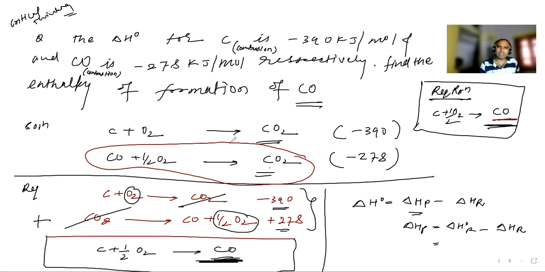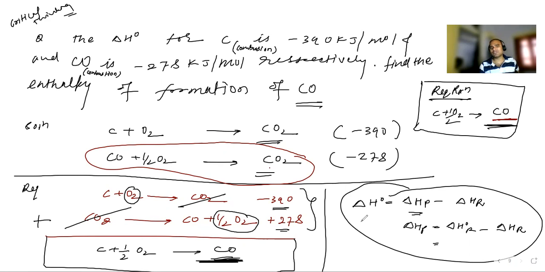If you talk about the reaction, it is minus 390, and here it is going to be 278, because it is the reactant side. It is getting a little bit confusing. Sorry, if you apply this formula, it may be a little bit confusing to you.